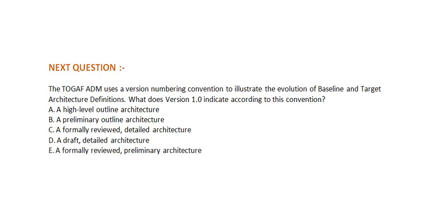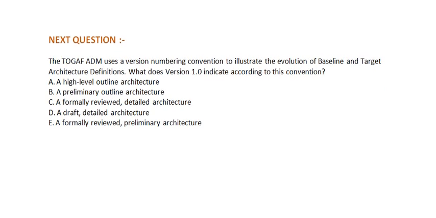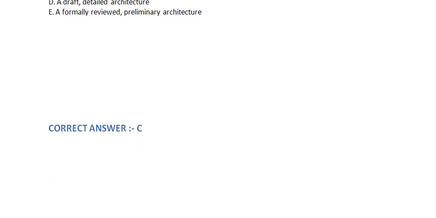Option C: a formally reviewed detailed architecture. Option D: a draft detailed architecture. And option E: a formally reviewed preliminary architecture. The correct answer is option C.